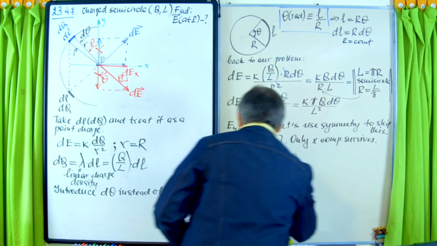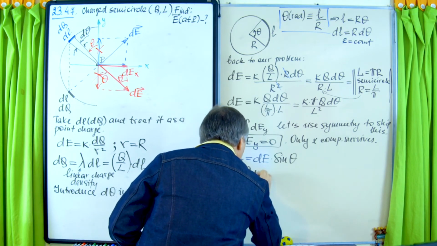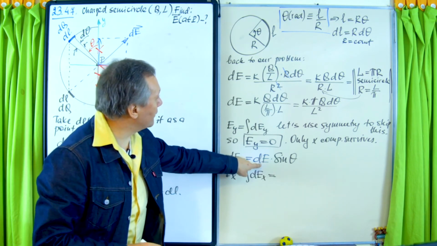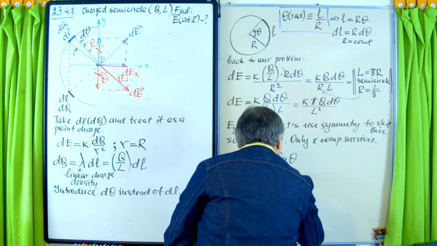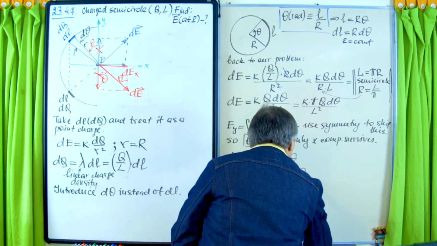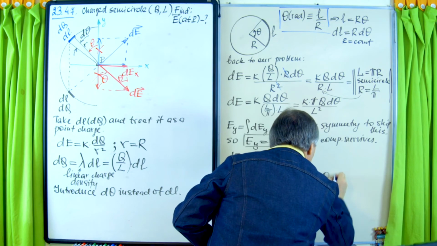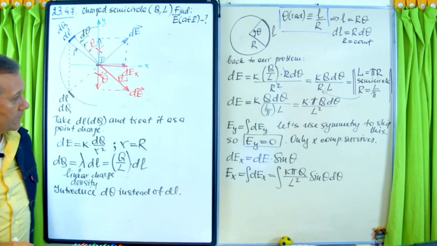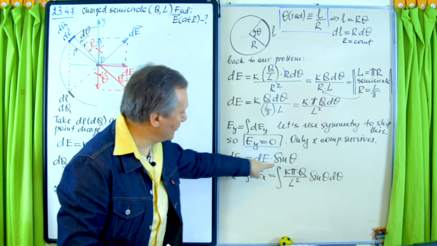Now we just need to start integrating. Instead of dE, I will write the integral of k pi q over L squared, sine theta d theta. I plug in dE and multiply by sine.